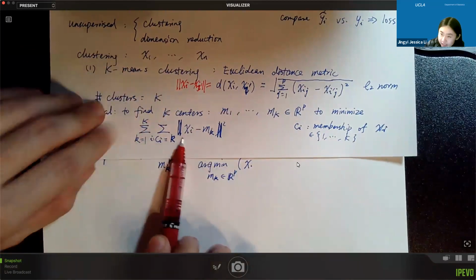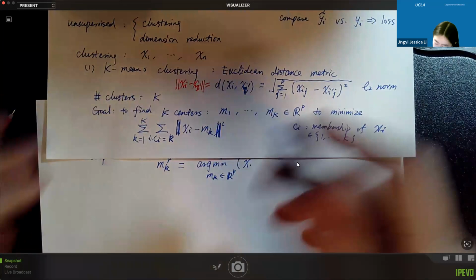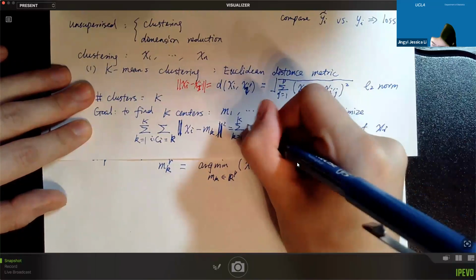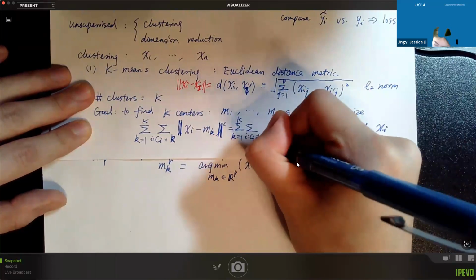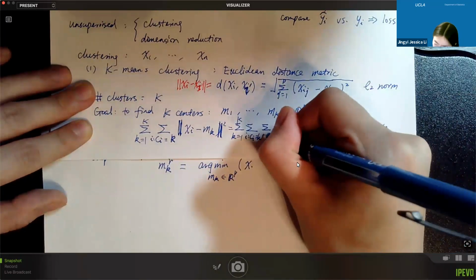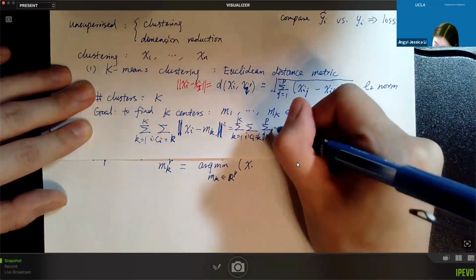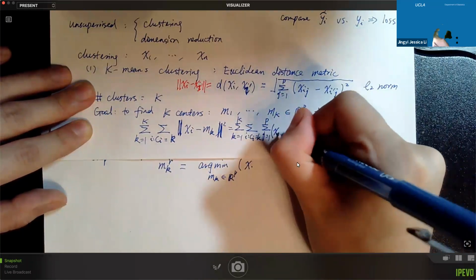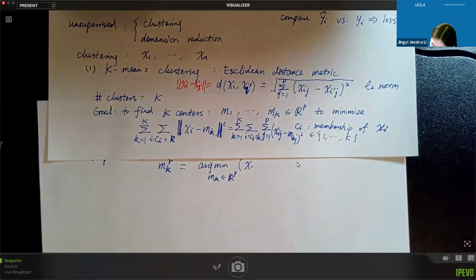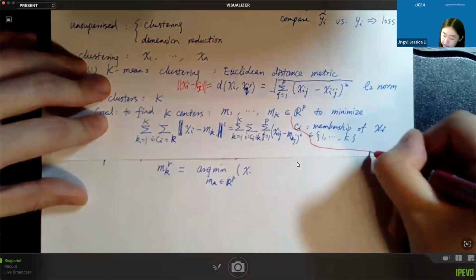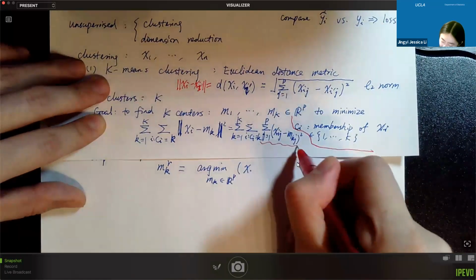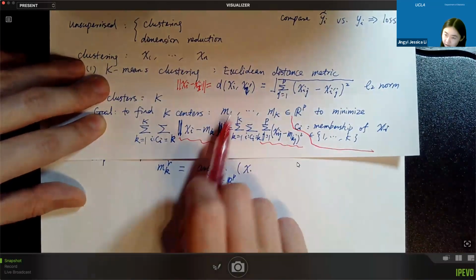So in other words, if I expand this, it's equal to the sum over k from 1 to capital K, over i such that C_i equals k, and then this term can be further written as the sum over j from 1 to p of (x_ij - m_kj) squared. So this L2 norm or Euclidean distance squared can be written as this, because of the square, we get rid of the square root.